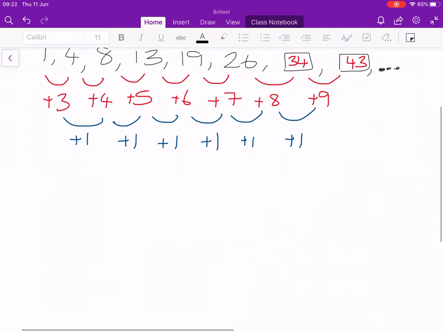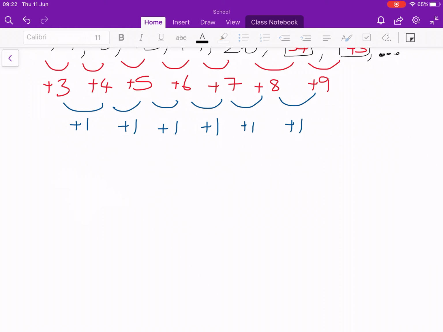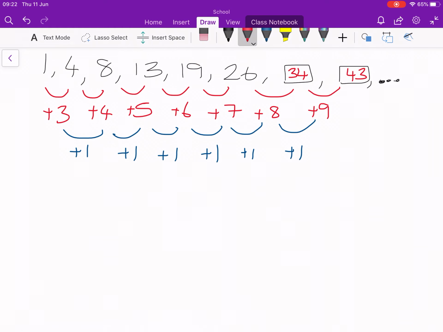So again, we'll use the same sequence. Say we want the nth term for the sequence that we've just used.